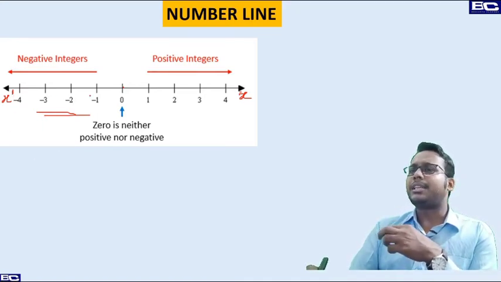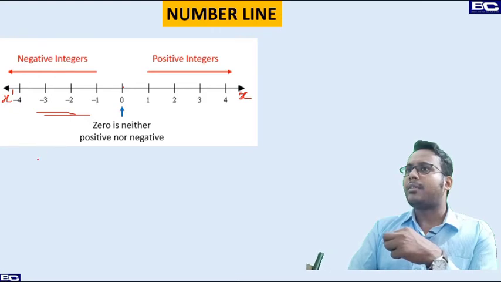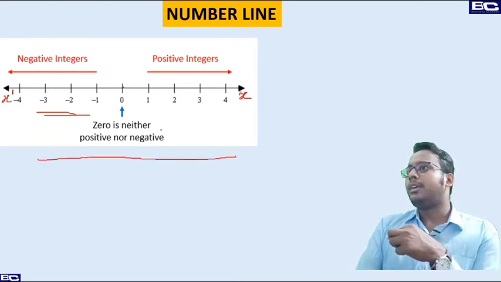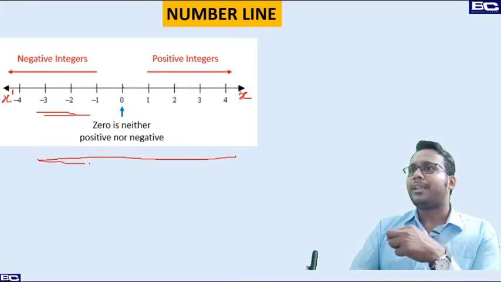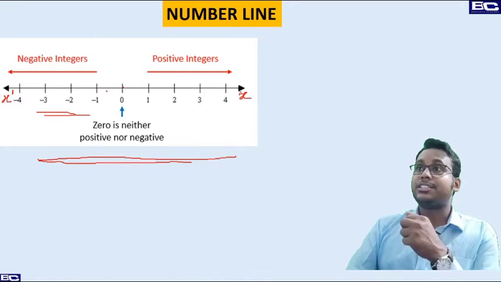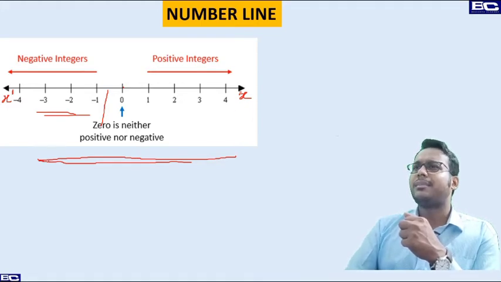This particular number line is parallel to the ground. Imagine this is our ground. Is this number line parallel to the ground? Yes, it is, because parallel means the distance between this line and the ground line is always the same.